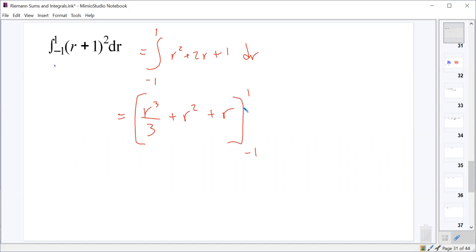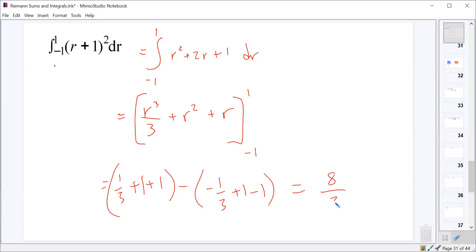From -1 to 1 ought to give us 1/3 plus 1 plus 1 minus -1/3 plus 1 minus 1. The second plus 1 minus 1 cancels, so we got 1/3 plus 1 plus 1 plus 1/3. Looks like that ought to be what? 8/3. 8/3 sounds good to me. All right, everybody feel okay about that?